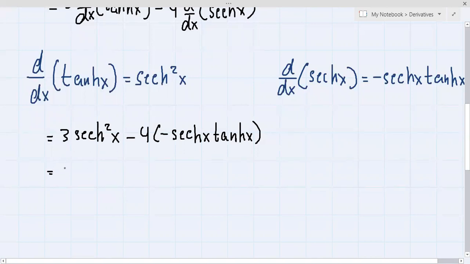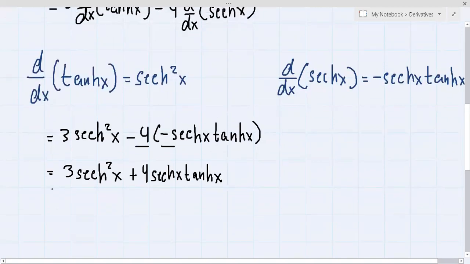So to simplify further, ito kasi si negative 4, tapos ito, may negative din siya. So, magiging positive sila. So, in other words, you will have plus 4 secant hx times tangent hx. Alright? So, this could be your final answer.